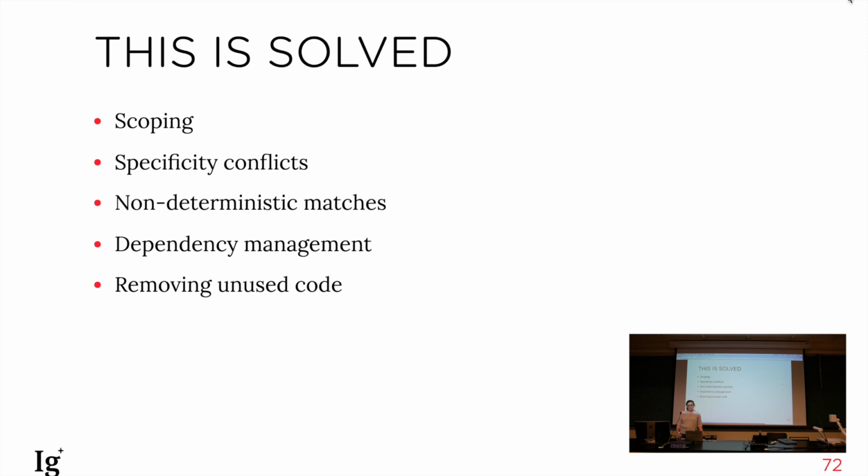Then specificity conflicts are solved in some way, because BEM strictly limits what kind of selector you can use. And non-deterministic matches are also limited, and there is some kind of dependency management, and removing an unused code became easier, because every piece of interface has certain name, you know what it is and where to find it.